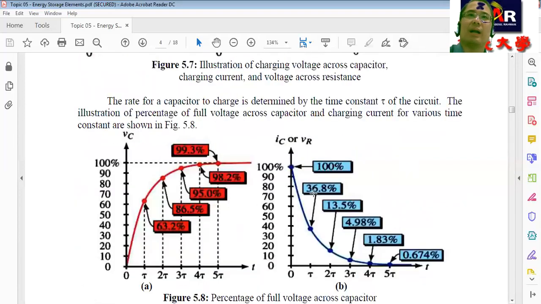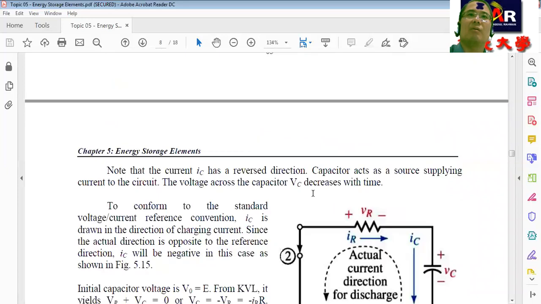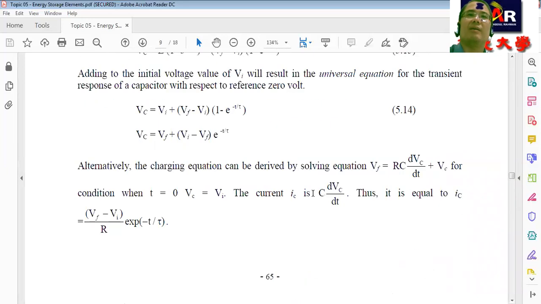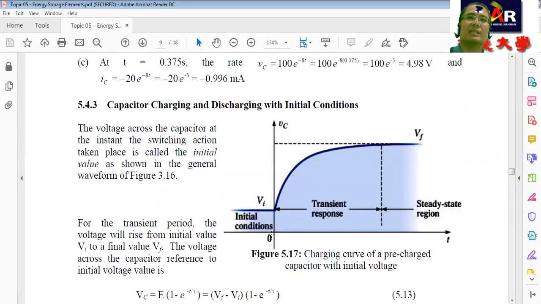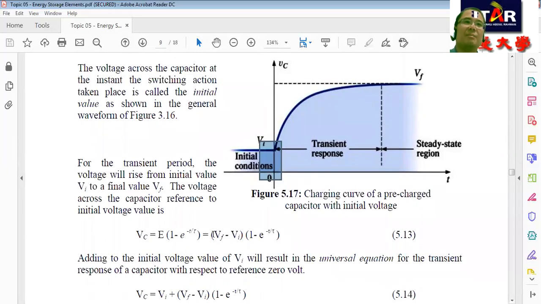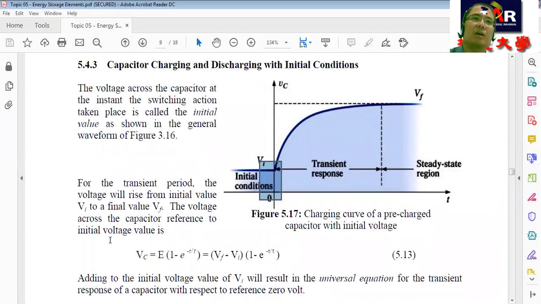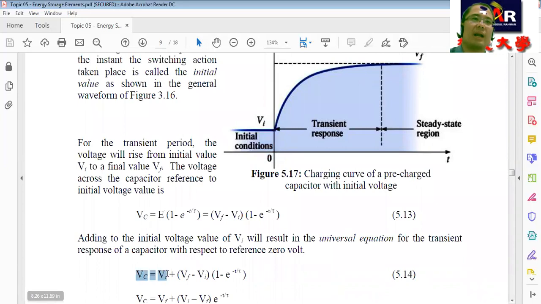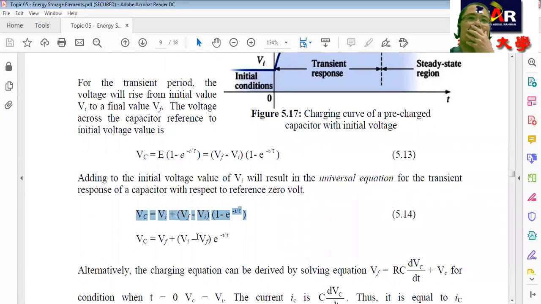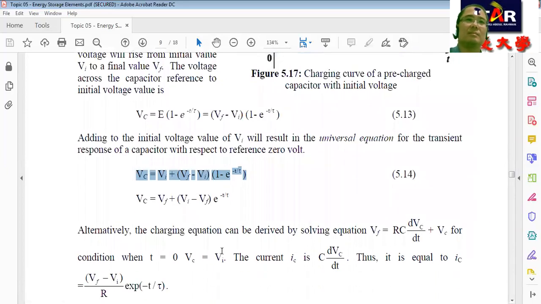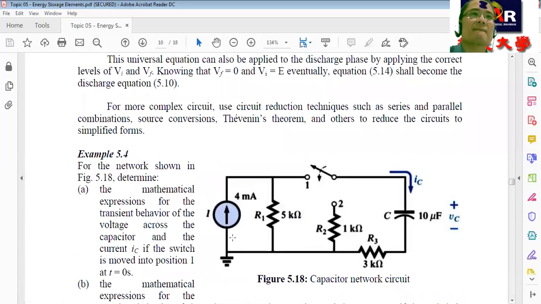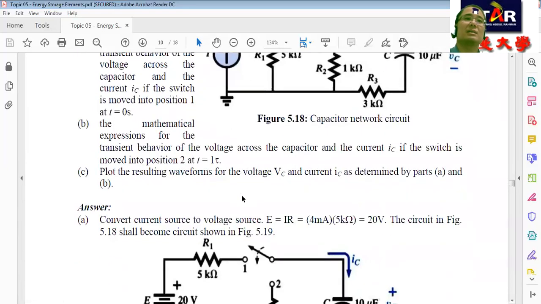Now we study with initial condition. The equation for the capacitor is given by this one, equation 5.14. Okay, this one is easier. For example 5.4, we will cover it during the full lecture.